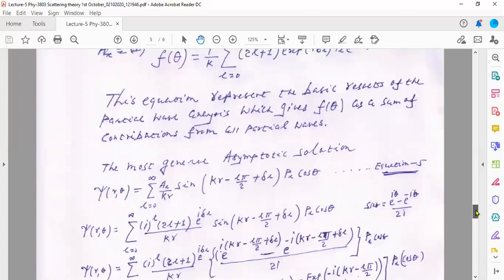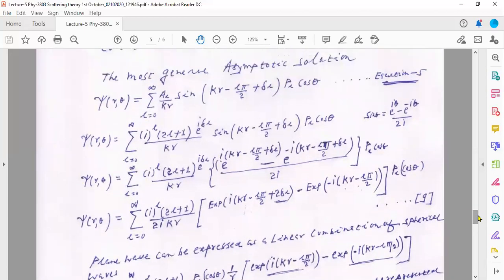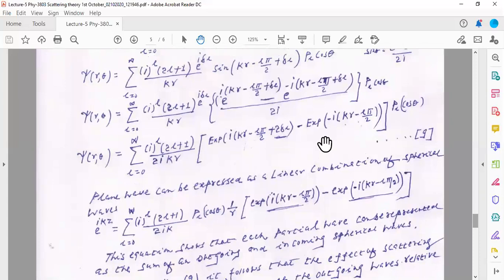I write down i to the power of L, 2L plus 1, e to the power of i delta L over kr, and I use this definition: e to the power of i theta minus e to the power of minus i theta, where theta is kr minus L pi by 2 plus delta L. And now I can simplify this factor.